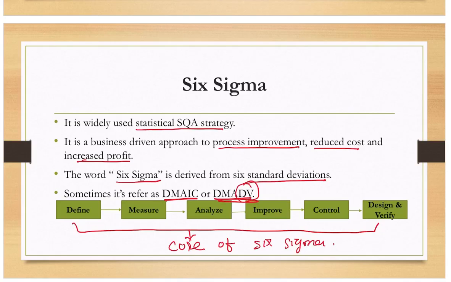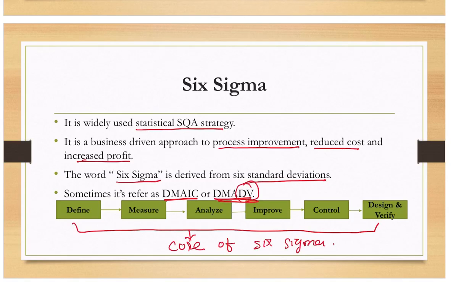In define, the customer requirements, project goals and deliverables are defined by communicating with the customer, right? Now, second step is measure.